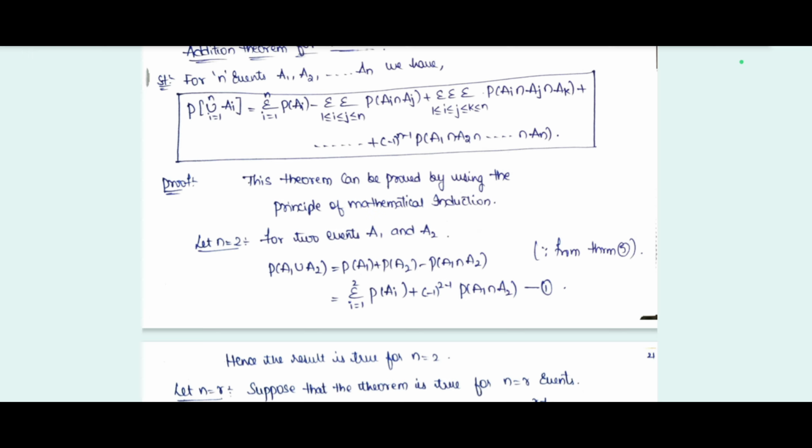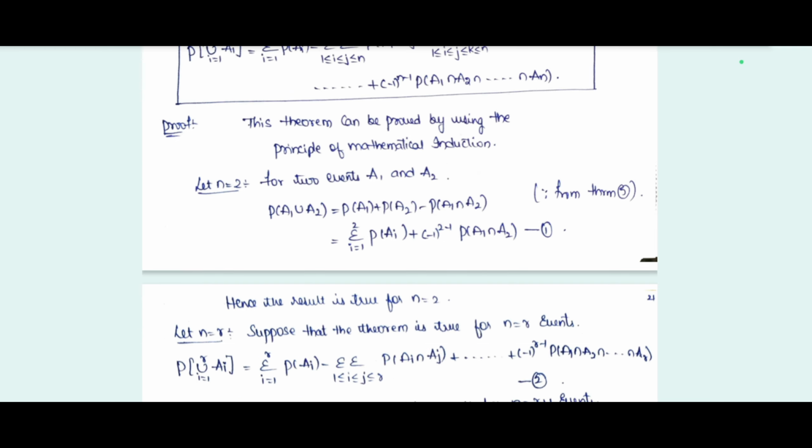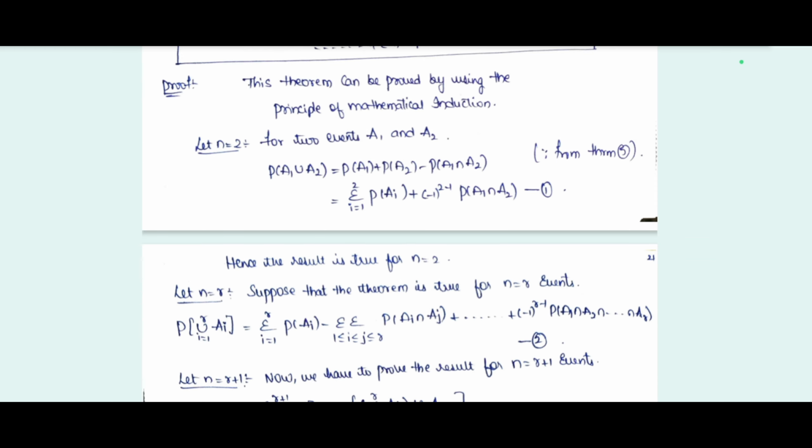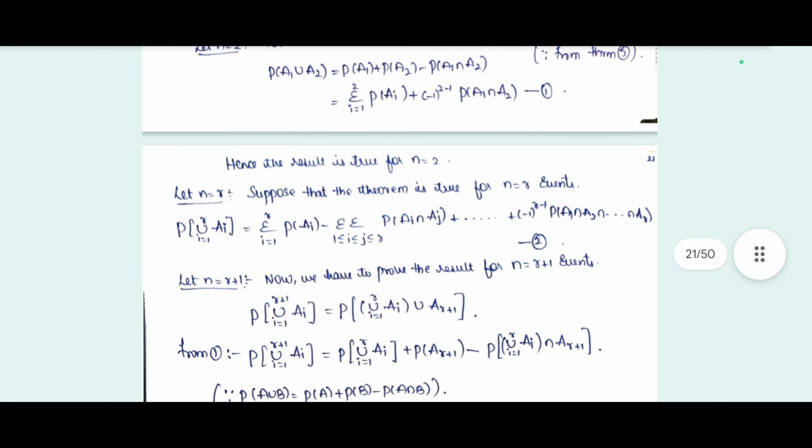This theorem can be proved by the principle of mathematical induction. For n equals 2, substitute: P of A1 union A2 is equal to P of A1 plus P of A2 minus P of A1 intersection A2. This is from the addition theorem of probability, hence it is proved for n equals 2. Next, let us suppose that this theorem is true for n equals r.